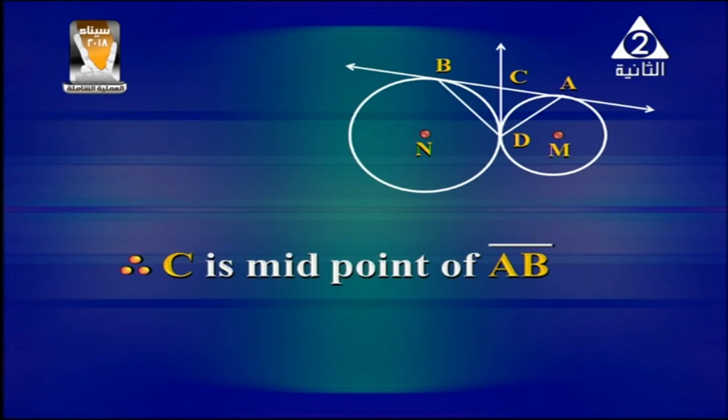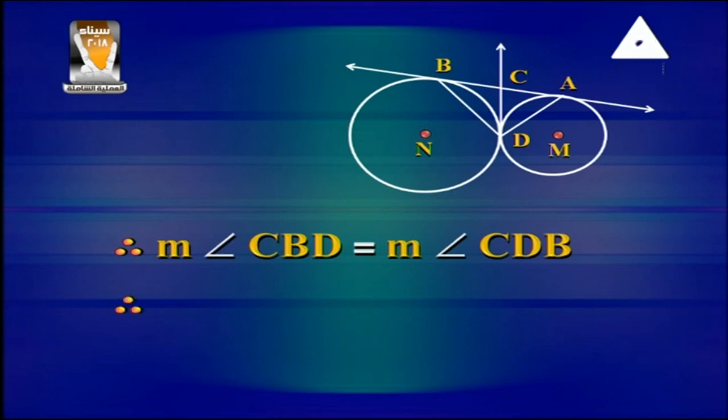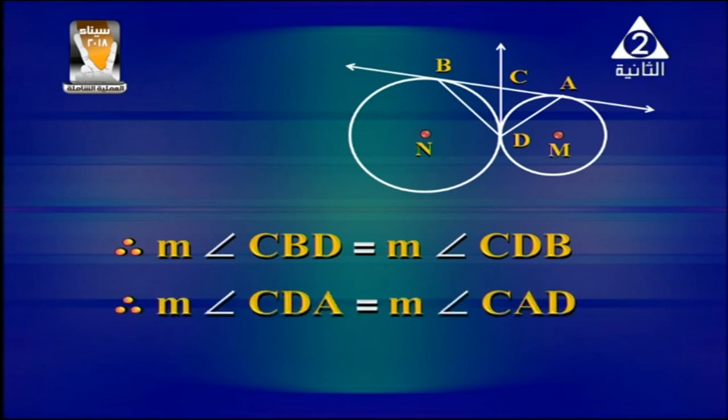Then, to prove that AD is perpendicular on BD, how can you prove such a required? Yes, that's correct. Measure angle CBD equals measure angle CDB, as the two tangents are equal in length. Similarly, measure angle CDA equals measure angle CAD. Then in triangle ABD, the sum of measures of all its angles is 180 degrees.